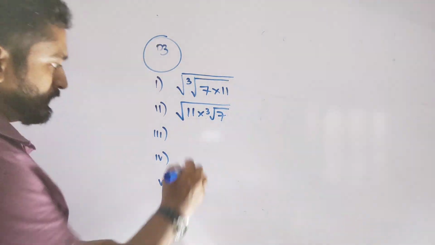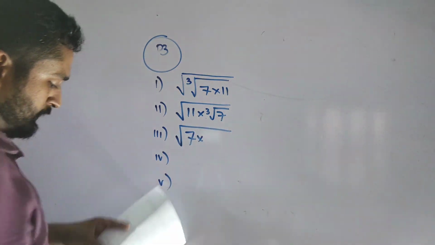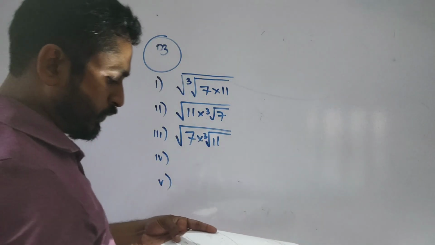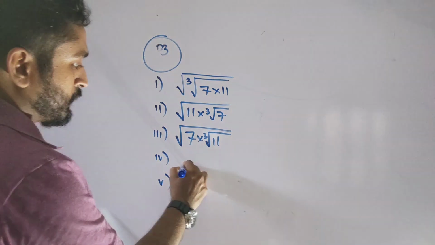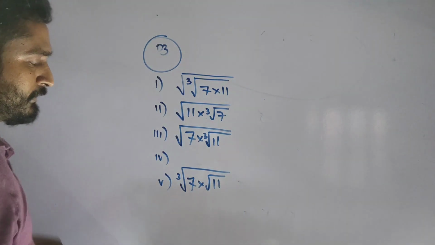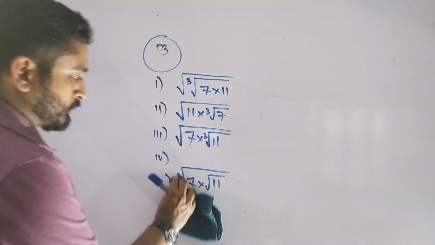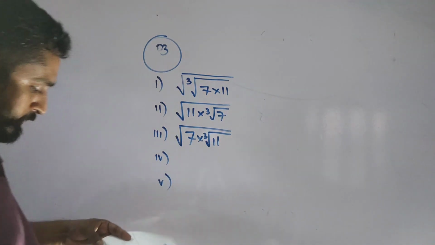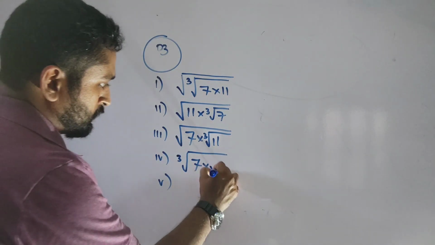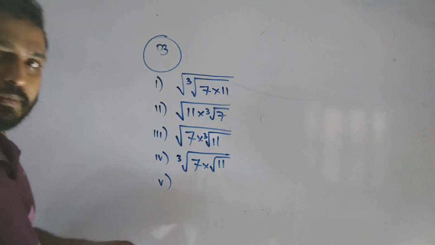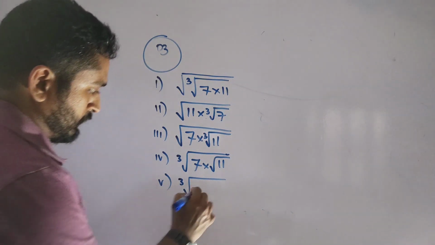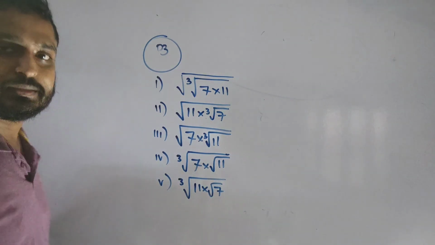The third one is square root of 7 into cubic root of 11. The fourth one is cubic root of 7 into square root of 11. Sorry, I wrote that as the fifth one. So cubic root of 7 into square root of 11. What about the fifth? Cubic root of 11 into square root of 7.